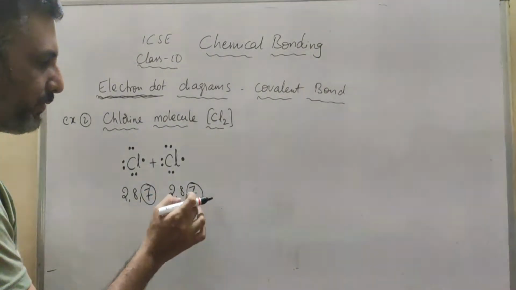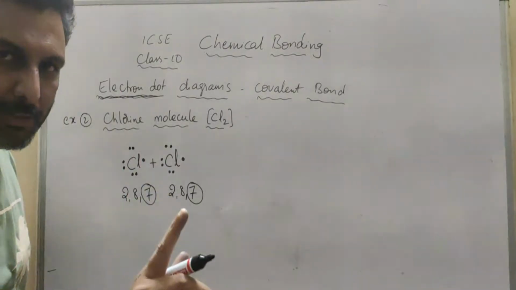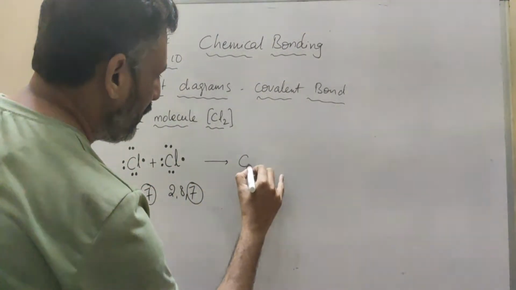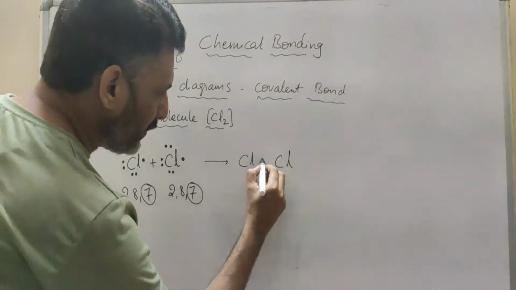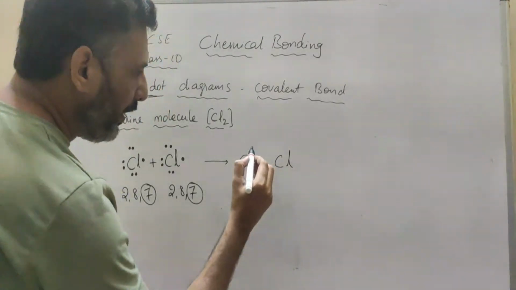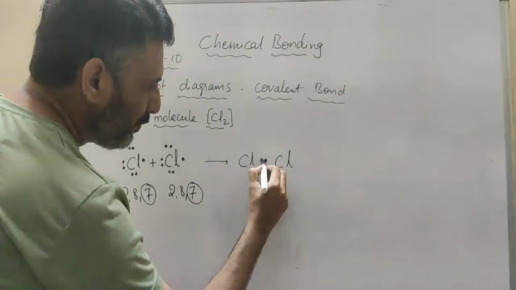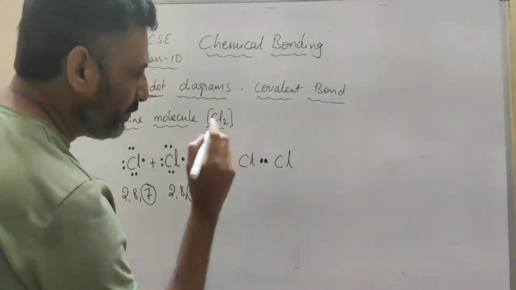This chlorine also requires 1 more electron. So from each chlorine atom, 1 electron comes to form covalent bond. So between these two chlorines, 1 electron is coming from this chlorine and 1 electron is coming from this chlorine. So this is a pair of electrons which is participating in the covalent bond.